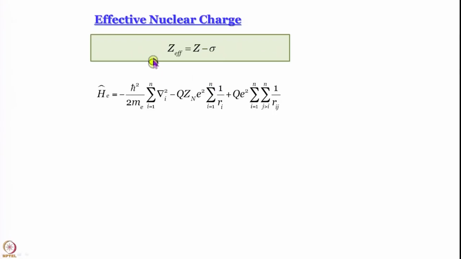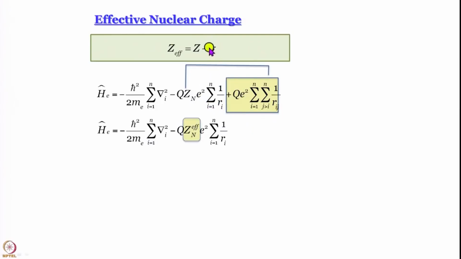What are we doing here? This here is our Hamiltonian. First term no problem, second term no problem, third term is the problematic part which we are not being able to handle. So we have conveniently shifted the effect of the third term into the second term itself, into Z itself, because then we do not have to write the third term anymore. It is accounted for in this shielding constant. This is how you write it: He equals minus h cross square by 2 me, sum over i equal to 1 to n of del i square, minus q into Z effective nuclear charge, e square, sum over i equal to 1 to n of 1 by ri.